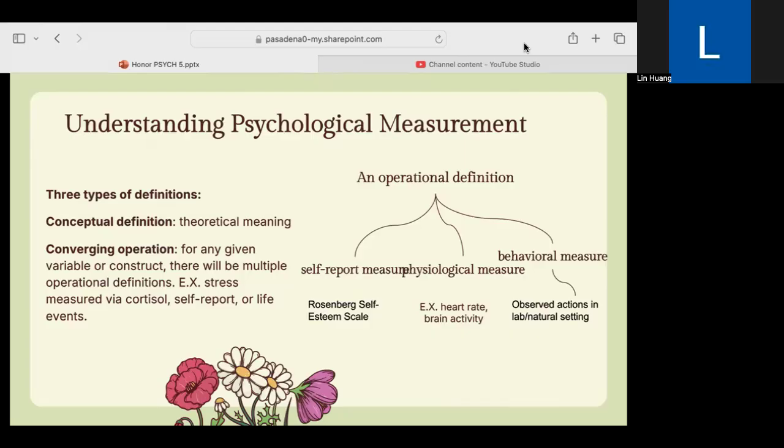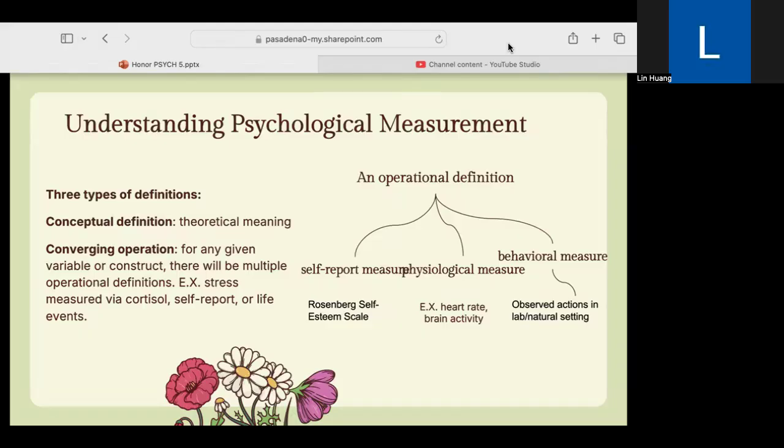One is self-report, such as you are going to report your own feelings and thoughts during the experiments. And second is physiological measurement, such as your heart rate, your brain activities. And the last is behavioral measurement. It is observed actions of participants in the lab or natural settings.